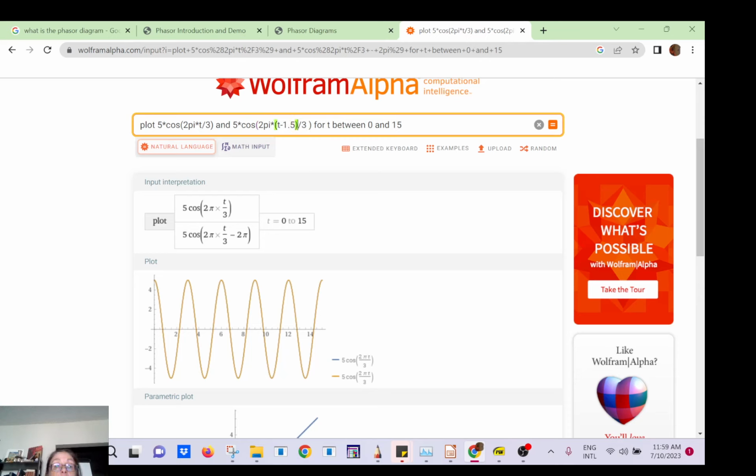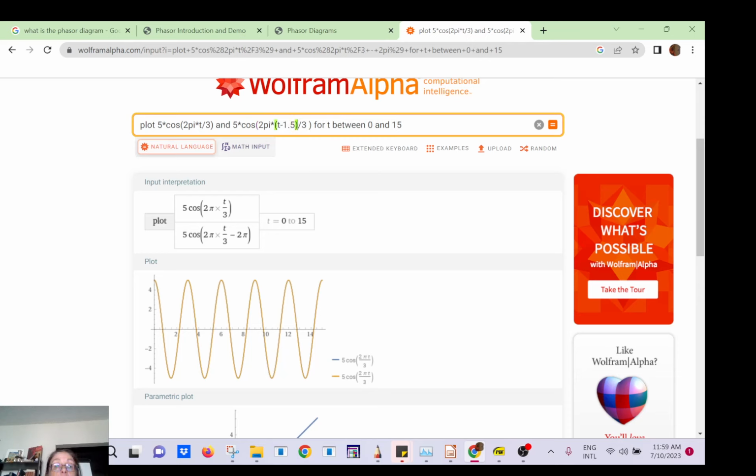Because if you add pi, which is half a cycle, you see here you have 5 and now you have minus 5. So anyway, you shift everything half of a cycle to the right. Okay. But that's hard to see what's going on.